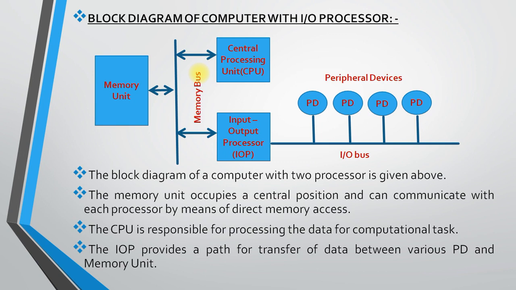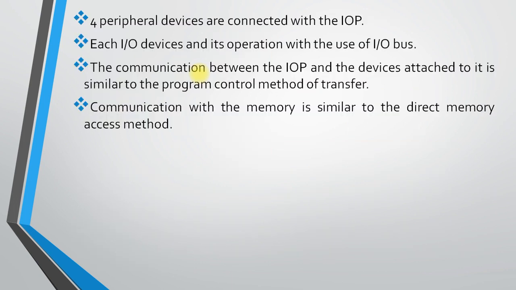Here there are 4 types of peripheral devices connected with the IO bus and able to transmit data over the IOP. The IOP can transmit data either to the memory unit or to peripheral devices. The communication is the same as programs using which you can transfer your data. The communication with memory is similar to the direct memory access method.